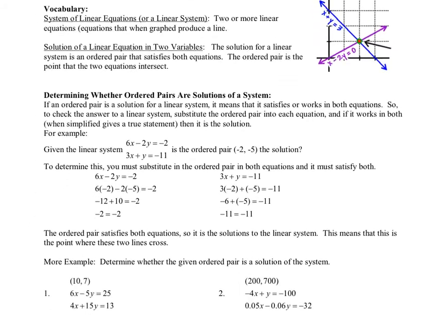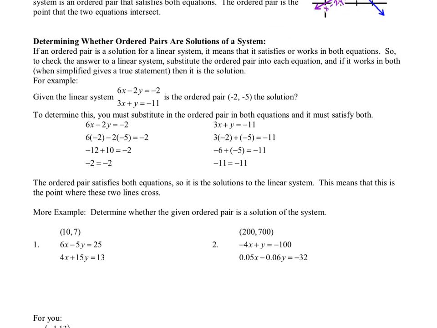So, for example, given the linear system that you see here, is the ordered pair -2, -5 a solution? Well, we're going to plug this in, and remember, that's my x value, and that's my y value. We're going to plug that in and find out.